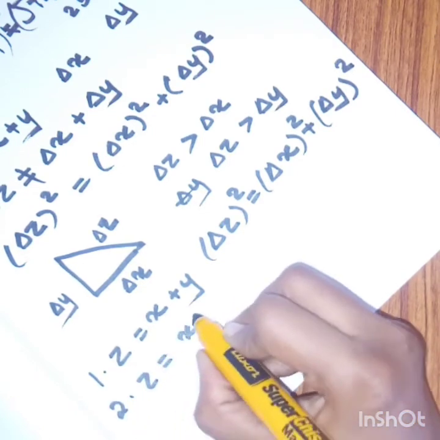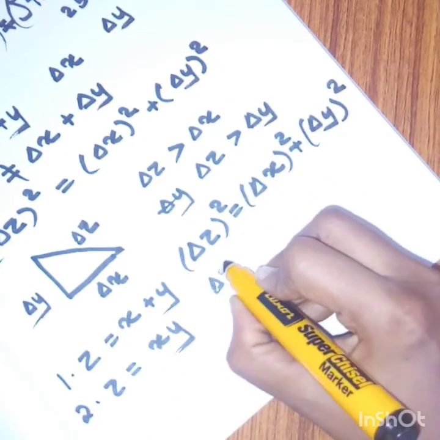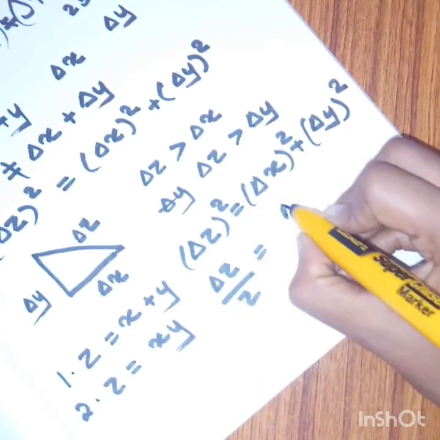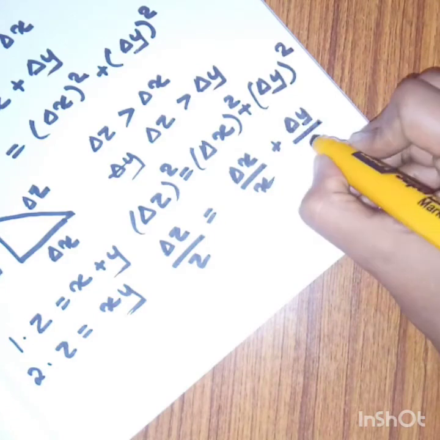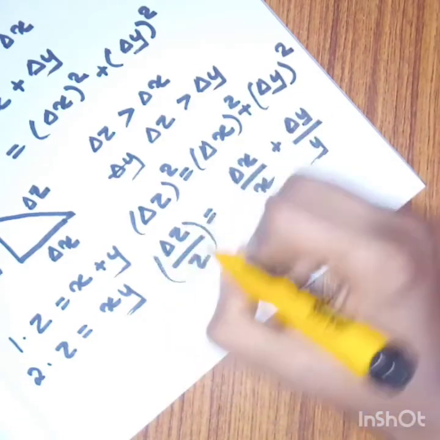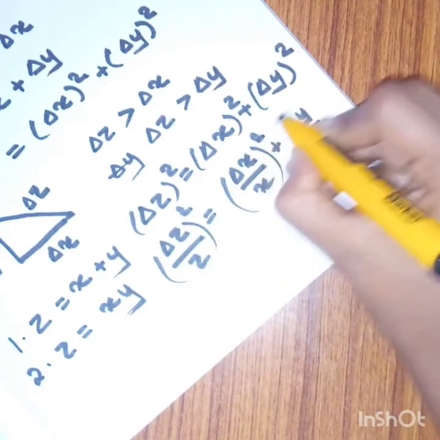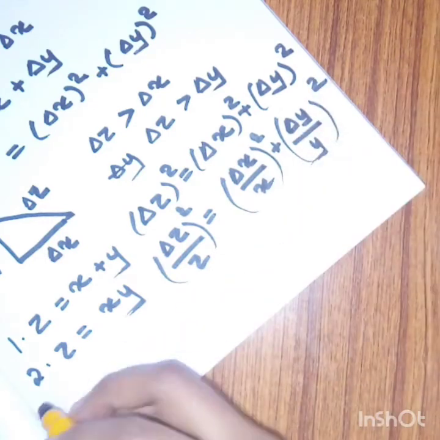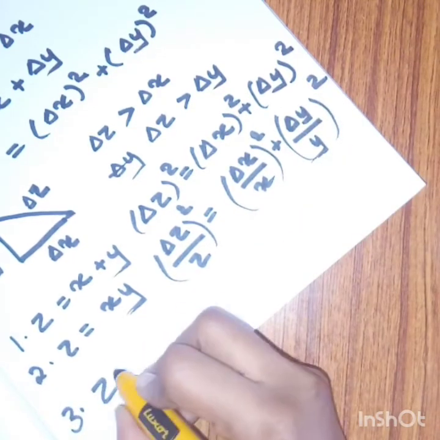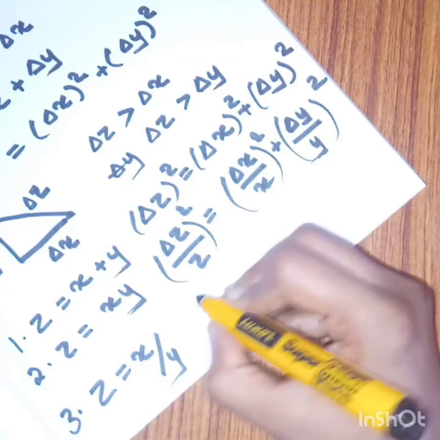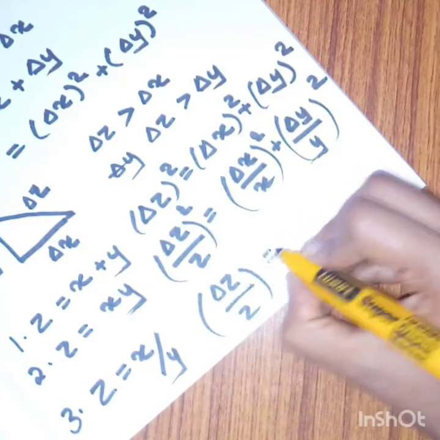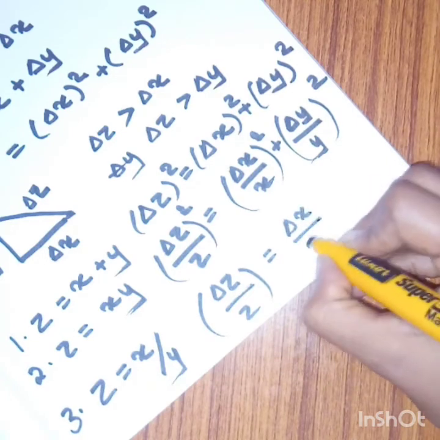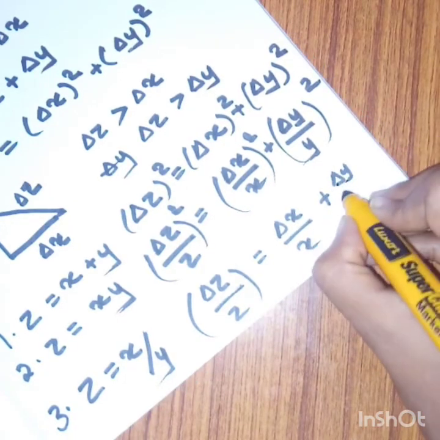Second one is product rule. Z is equal to xy. Then delta z by z is equal to delta x by x plus delta y by y. Square each term. Next is quotient rule. Z is equal to x by y. Delta z by z is equal to delta x by x plus delta y by y.